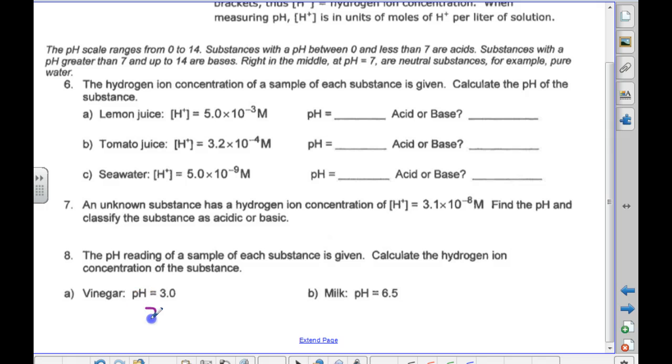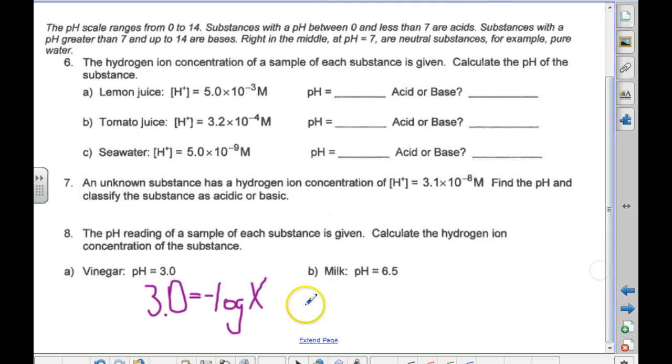You are putting in the pH, so you have 3.0 equals negative log of the hydrogen ion concentration, which is X. So how are you going to undo that? Anybody help Gunther out what you need to type on that one? Okay, so you switch the negative over to the other side.